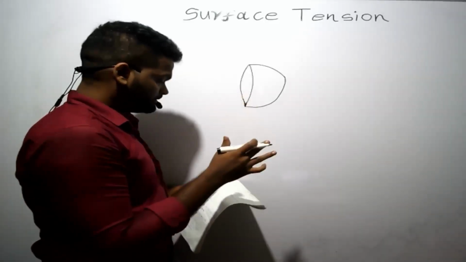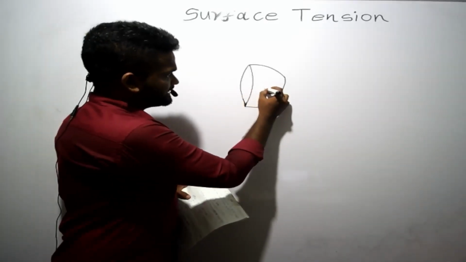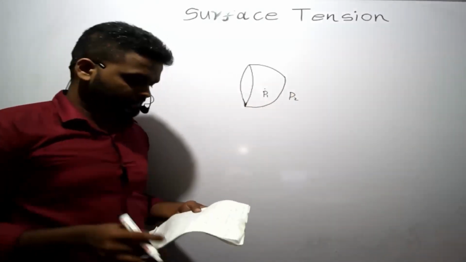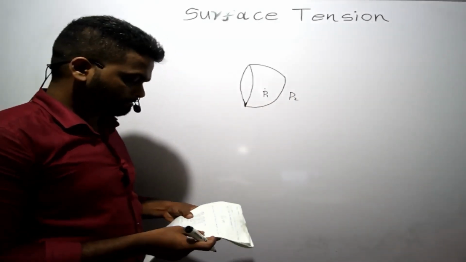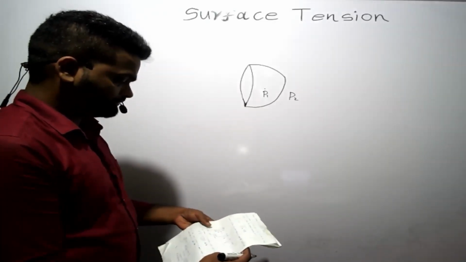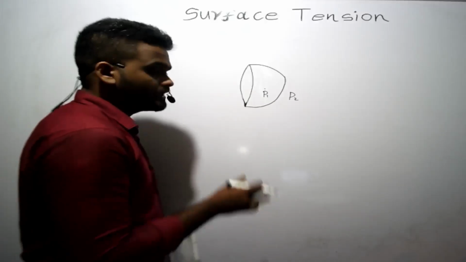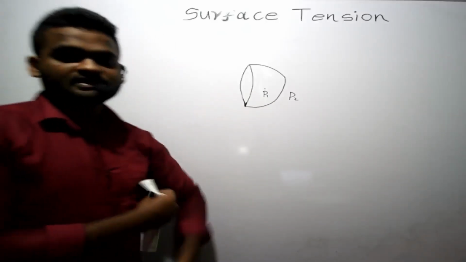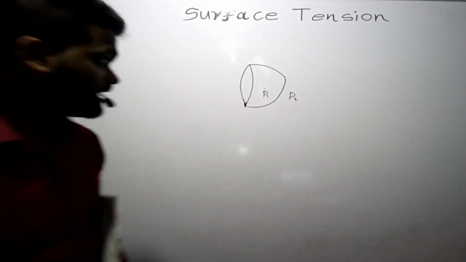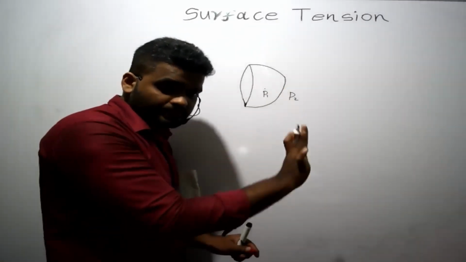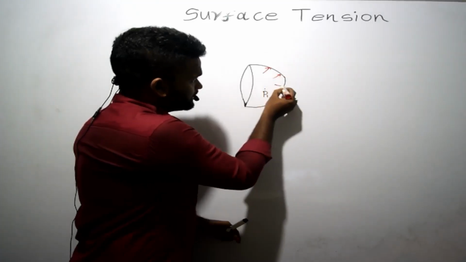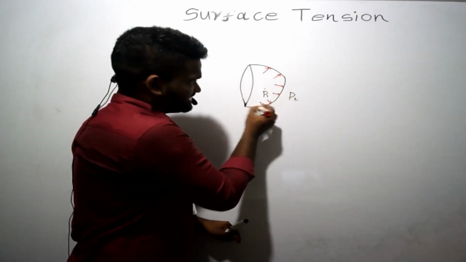So what do we have? Internal pressure is P1, external pressure is P2. Pressure forces are perpendicular to the surface. The internal pressure forces act perpendicular to the surface of the hemisphere. This is a 3D image.